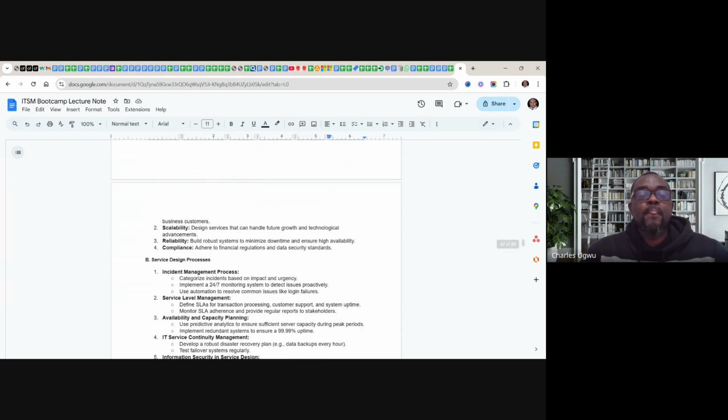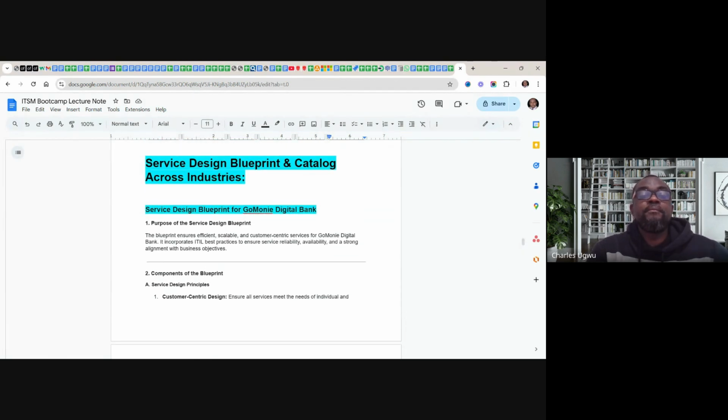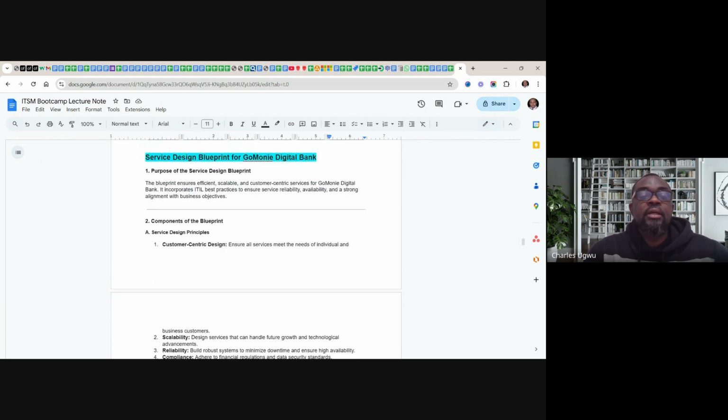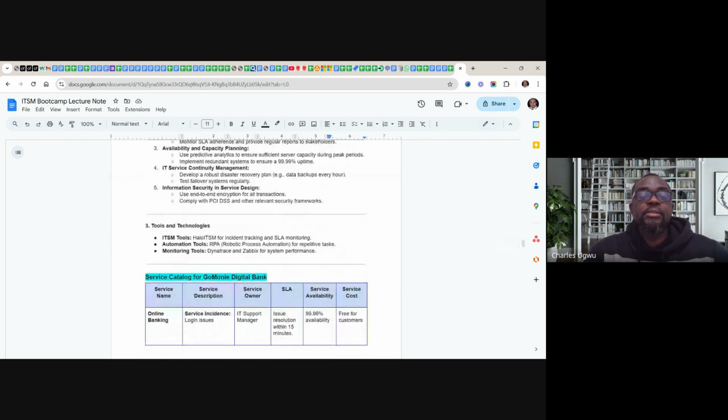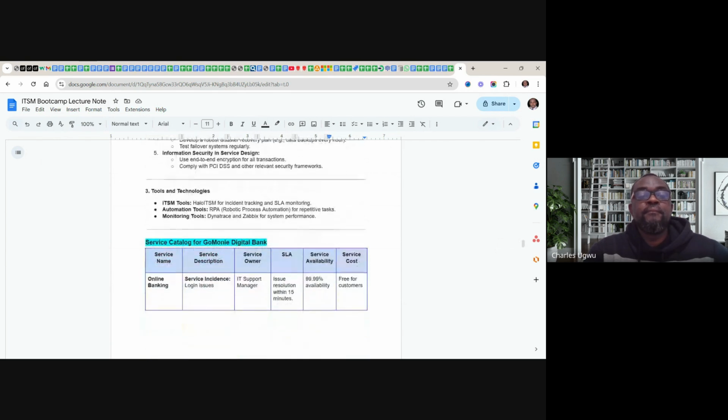So let's say this is a blueprint for a digital bank, and this is a service catalog for this digital bank.